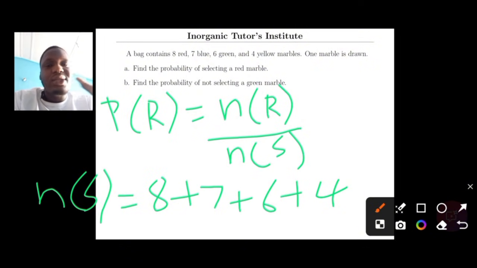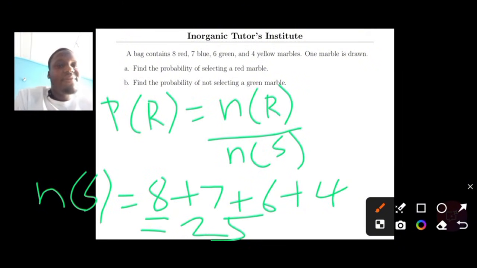That's the set for the sample space. But for the number of sample space, you just sum the items for each color, so that you get the total items in the bag, this is 10 plus 15, it gives us 25. Okay, so we have the number of sample space to be 25.